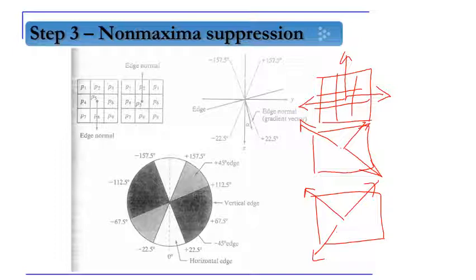That means my edge will be present either horizontally, vertically, at plus 45 degrees, or at minus 45 degrees. So the edge normal can be present in 8 possible directions, right? Here we got two edge normal directions for a horizontal edge. Here we got two edge normal directions for a vertical edge.